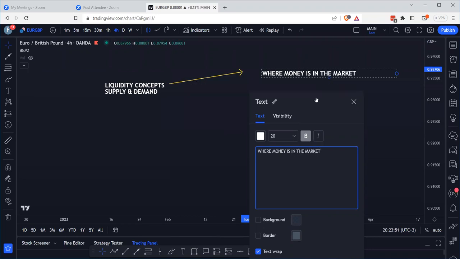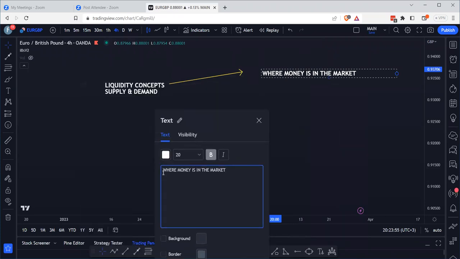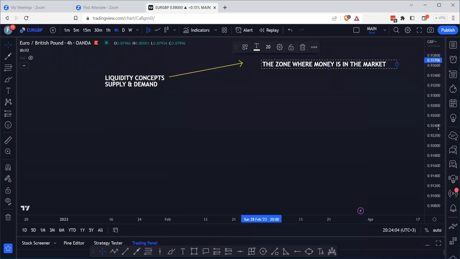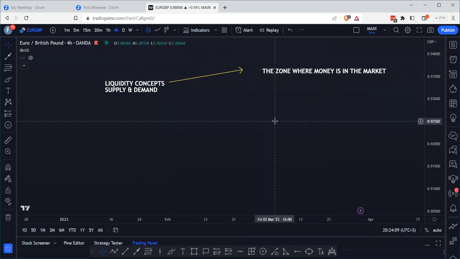When we say liquidity, that means there's a lot of money in this area or zone, the zone where money is in the market, right? And so let me give us an analogy, and then I'll come back to explain this concept.